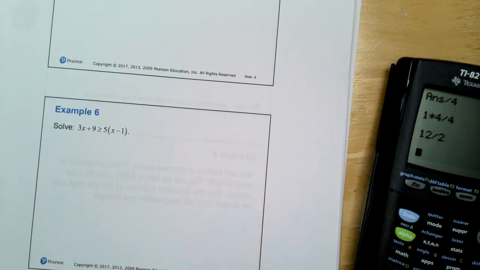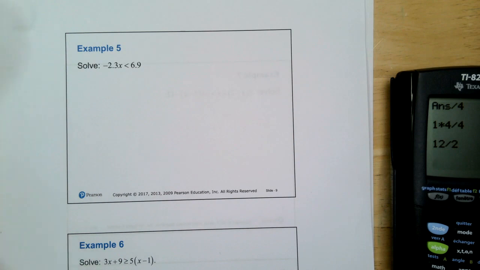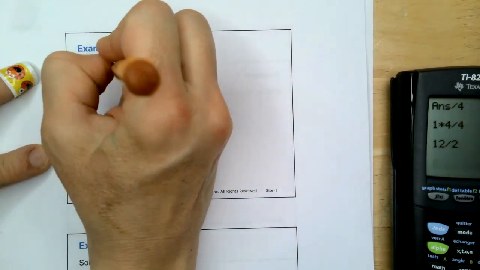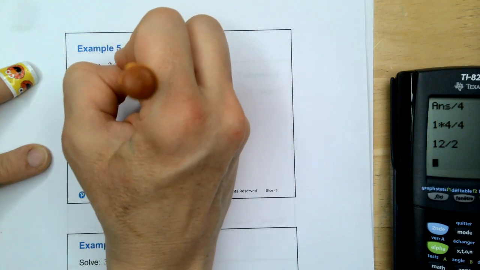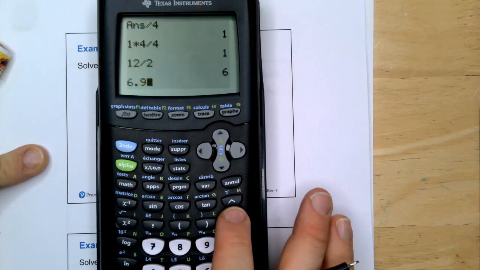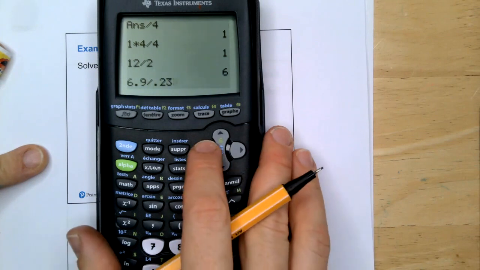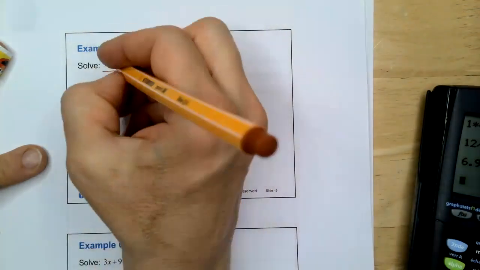Example 5 is just an opportunity to use decimals, but we also get to practice finally flipping, because we're going to divide by a negative 2.3. So we're going to take 6.9 divided by negative 2.3, and we get negative 3.